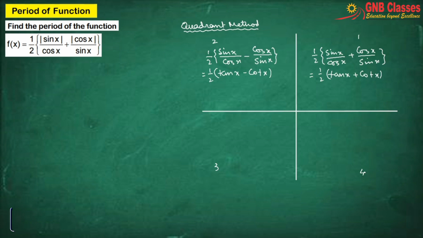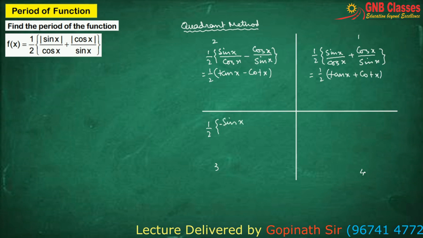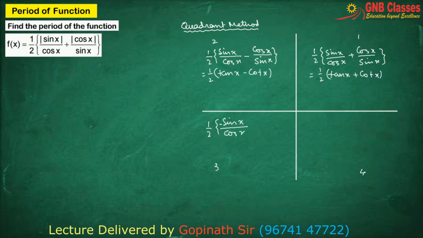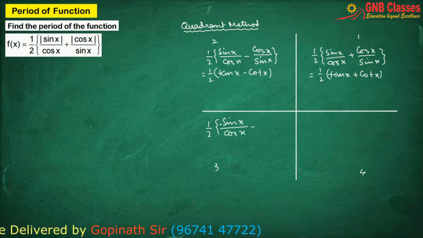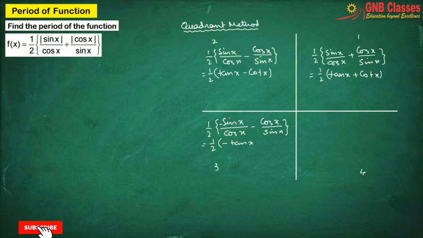Now, in the third quadrant, sine as well as cos are negative. So our function will be written in the third quadrant as half of minus tan x minus cot x.